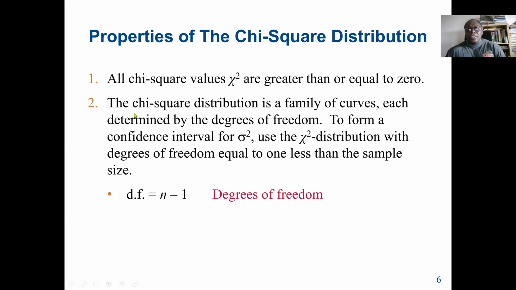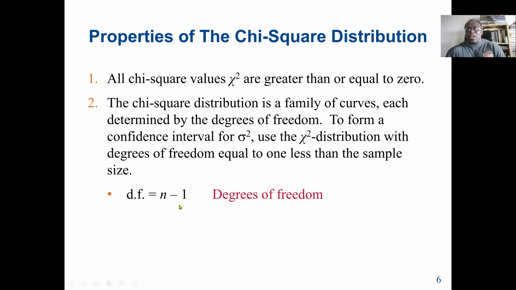And secondly, the chi-square distribution is a family of curves, each determined by the degrees of freedom. To form a confidence interval for population variance, we use the chi-square distribution with degrees of freedom equal to 1 less than the sample size. So the degrees of freedom will be n minus 1.